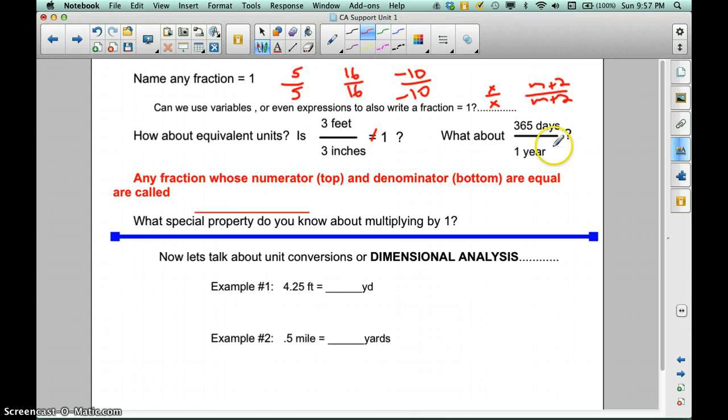So the question is, are there 365 days in 1 year? And of course there is, which means that this fraction is equal to 1. So any fraction whose numerator and denominator are equal is called a unit fraction.